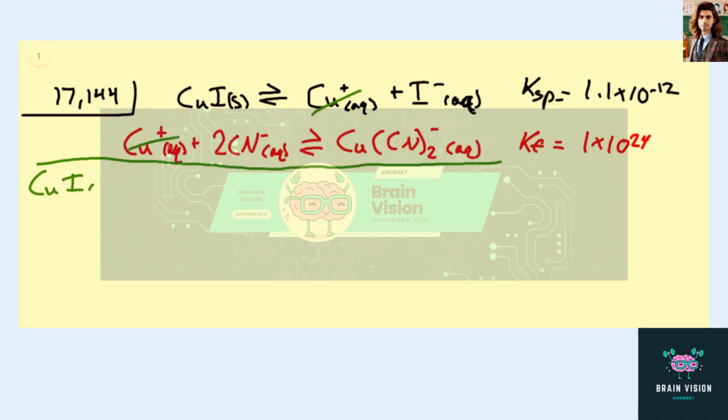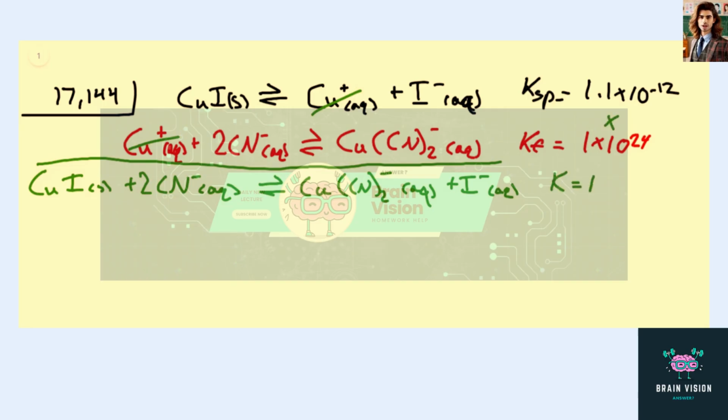Copper iodide, solid, plus 2 cyanide anions, aqueous, will produce the complex ion and iodide. And the K for this, obtained by multiplying these two values, is equal to 1.1 times 10 to the 12.